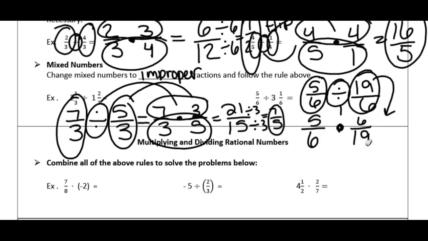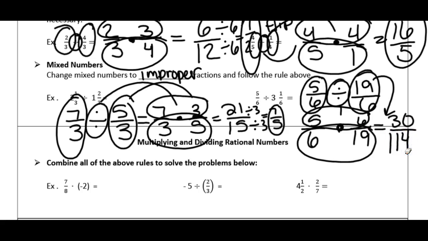Now it's just a good multiplication problem. 3 times 6 is 30. And then 6 times 19, and again you may need to pull out a calculator for that, but 6 times 19 is 114. Now I have to think about, can I reduce that?